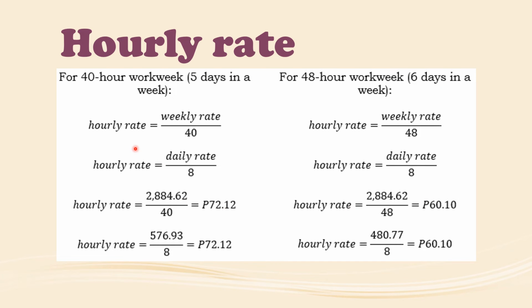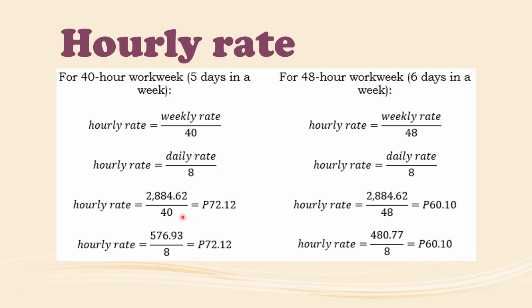Okay, so to compute for their hourly rate for the 40-hour work week, that can be computed by weekly rate divided by 40 hours, or daily rate divided by 8. So for example, for our previous example, the weekly rate is 2,884 pesos and 62 centavos divided by 40 hours.